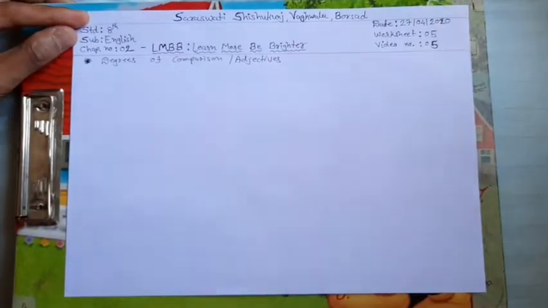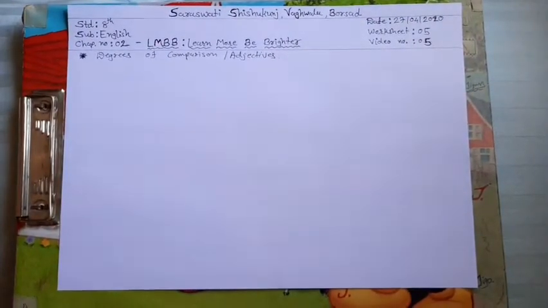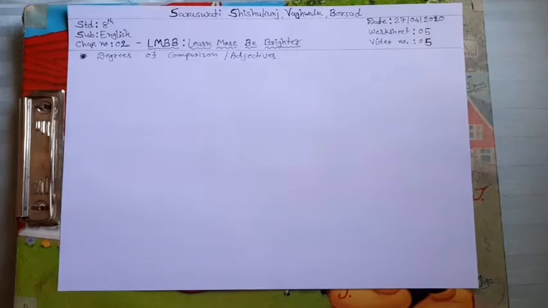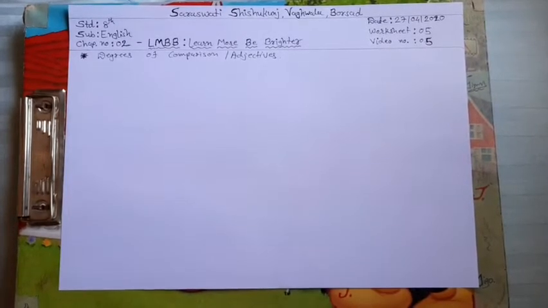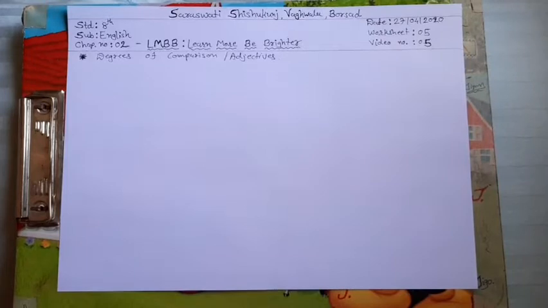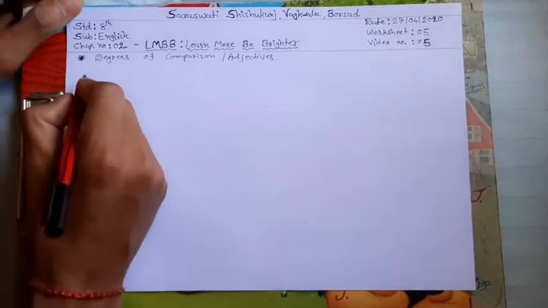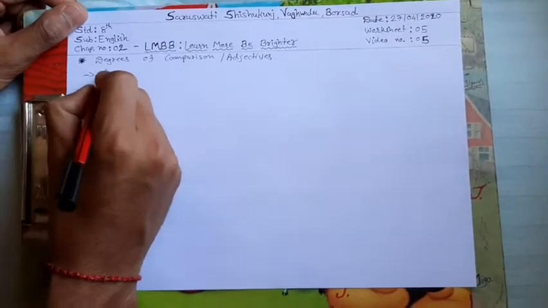In 7th standard, we already learned about this very deeply. Now we will discuss it briefly: what kinds of degrees are there, what is a degree, and what is an adjective. First of all, we must learn about the adjective.